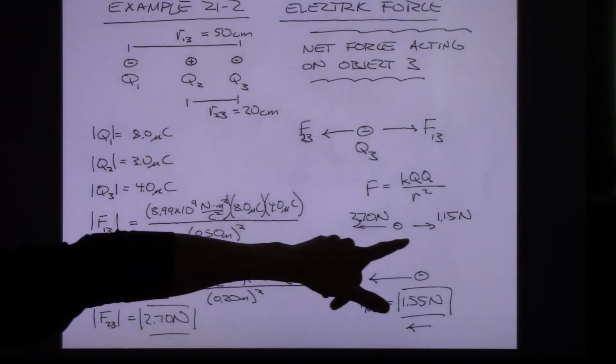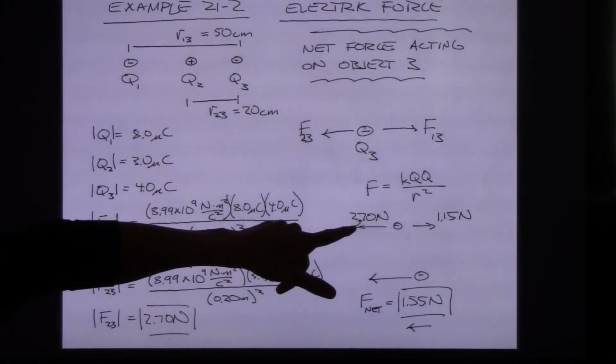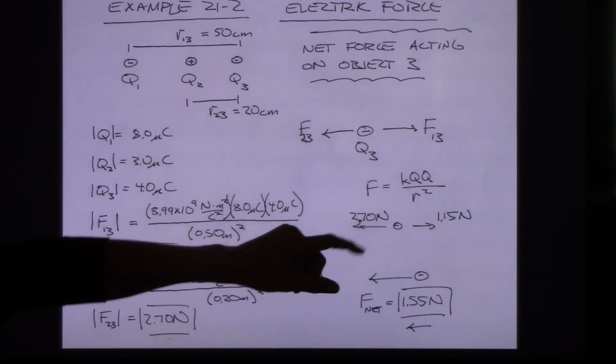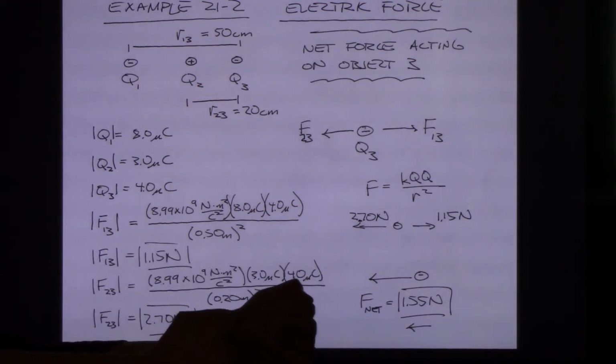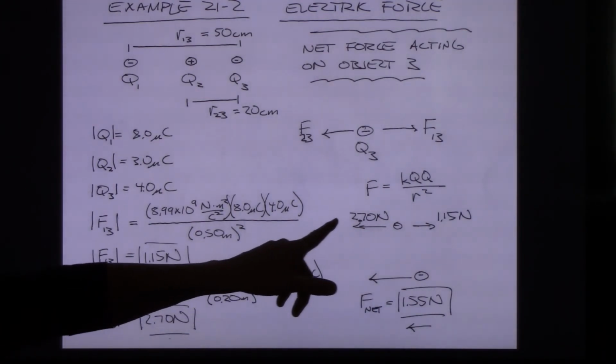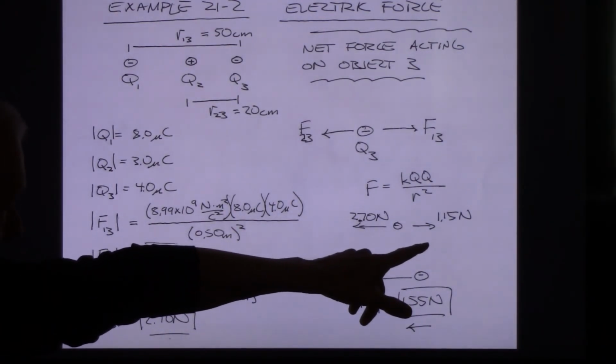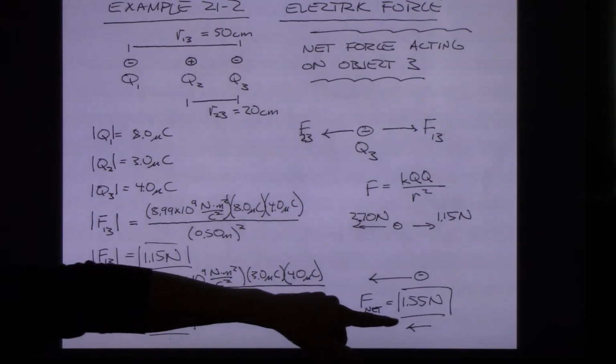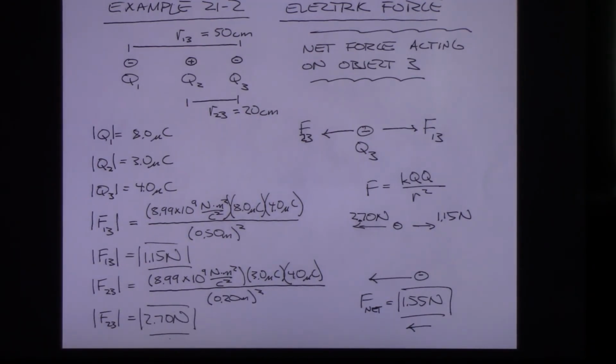The force of attraction towards object 2 is bigger, 2.70, and that means the net force on that object is towards the left. I took 2.70 and subtracted off 1.15 and I got 1.55 newtons. That's my net force acting on that object.